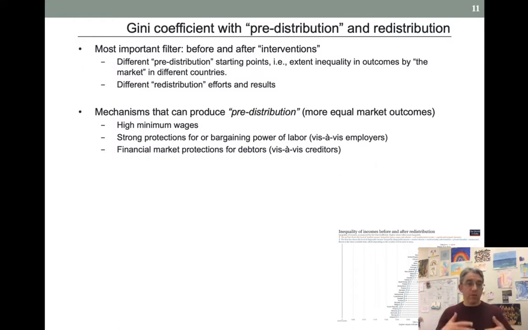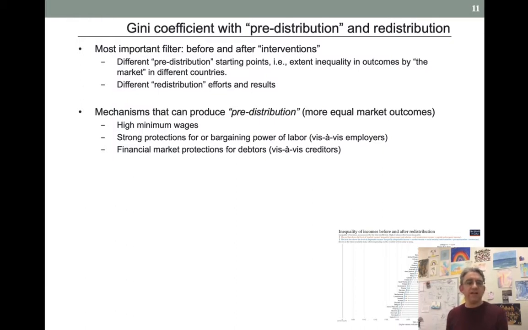Next, think more broadly beyond wages to stronger protections for labor or more bargaining power for labor vis-a-vis employers. Clearly, having that additional power and strength vis-a-vis employers will lead labor to get a larger share of income.